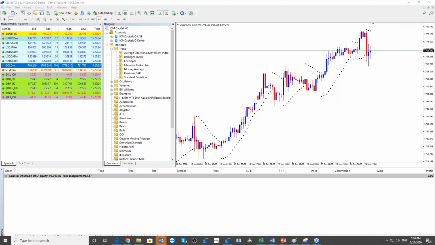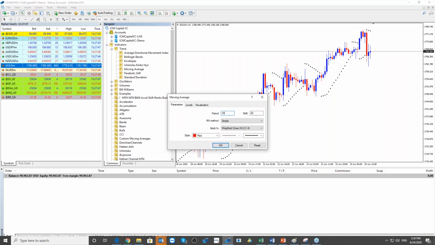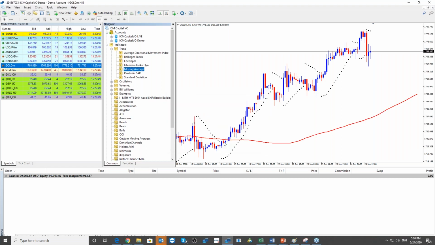Yeah, thank you, Sai. If you have any questions, please write them down. Also, just to add to what Sai was explaining, if you want to filter some of your trades, you can add a simple moving average with a bigger distance. When the market is trending, you can omit the opposite signals. For example, let's say I plot a moving average of 100.